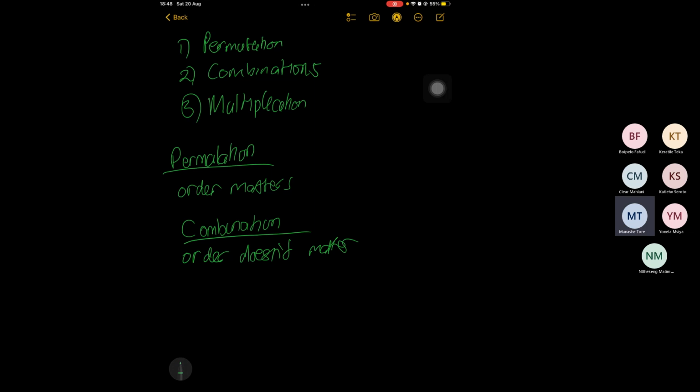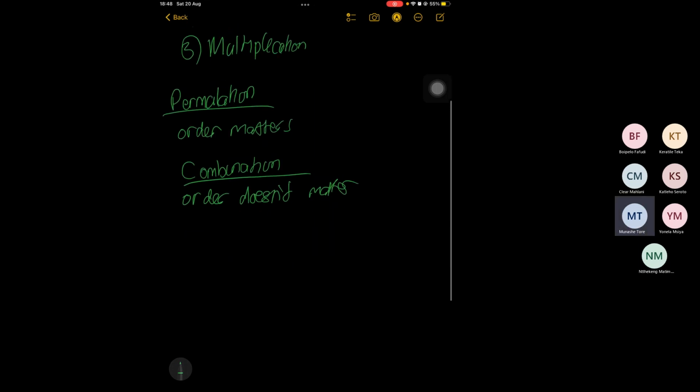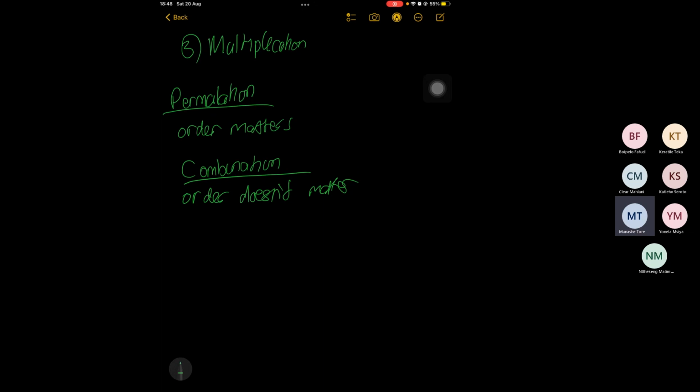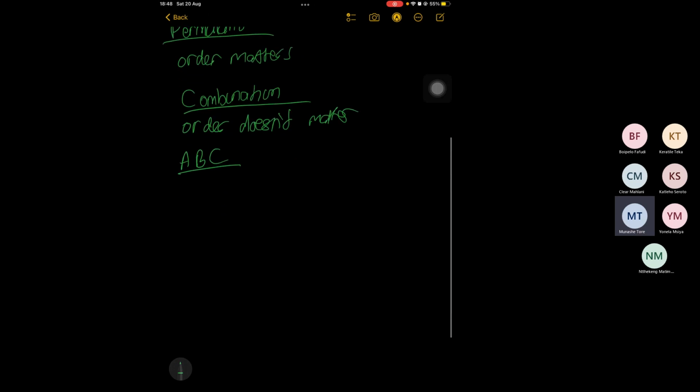As I wanted to do now, let's assume someone gives us three letters A, B, and C, and then asks us to come up with any 2-letter words from this.